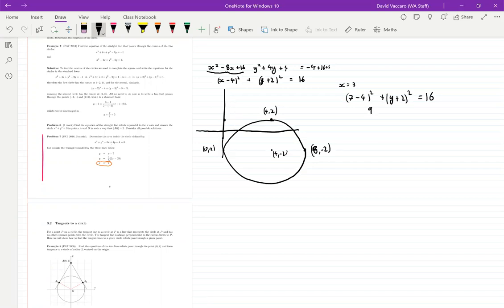So this is 9 plus y plus 2 squared is equal to 16. So y plus 2 squared is equal to 7. So y equals -2 plus or minus square root of 7. Square root of 7 is bigger than 2. So we've got these 2 points here and here.